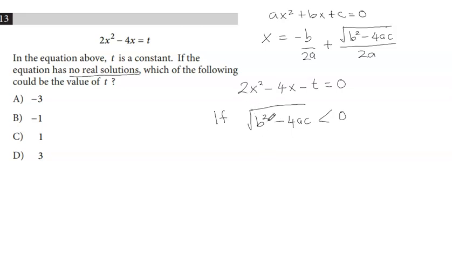So for b, the coefficient is what? Minus 4, right? So we have square root of minus 4 all squared minus the 4 here, multiplied by the coefficient of x squared, which is 2, multiplied by the constant, which in this case is minus t.